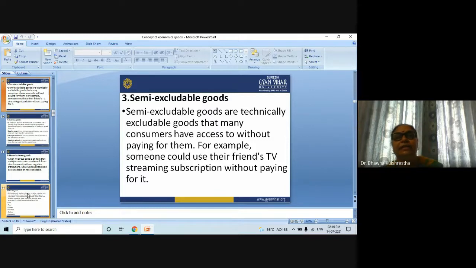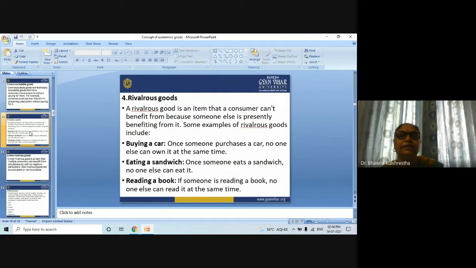And the next good is rivalrous good. A rivalrous good is an item that a consumer cannot benefit from because someone else is presently benefiting from it.